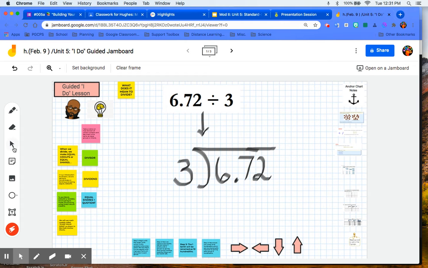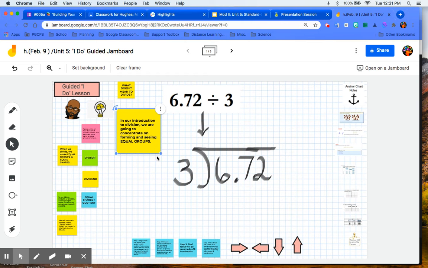But let's go a little bit differently and dig a little bit deeper. In our introduction to division, we're going to concentrate on how division helps us form equal groups.